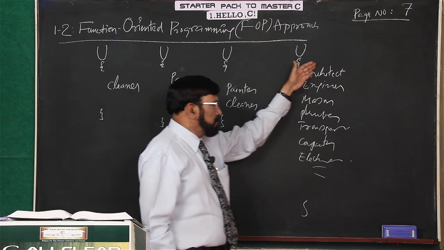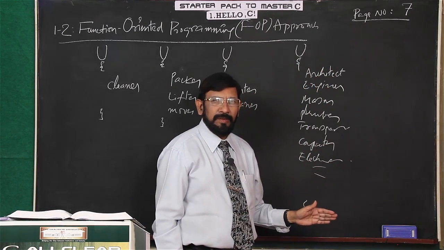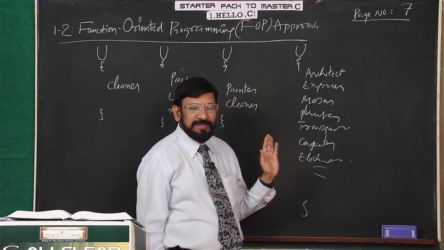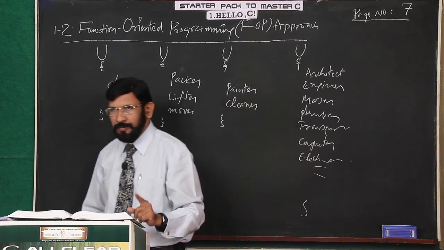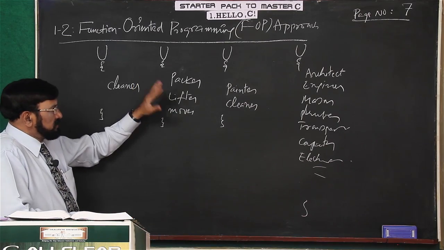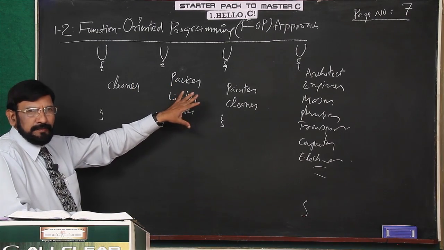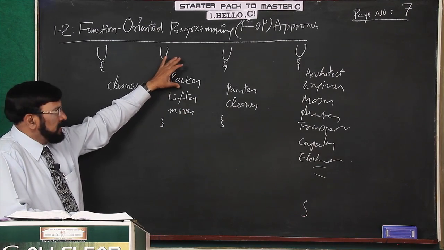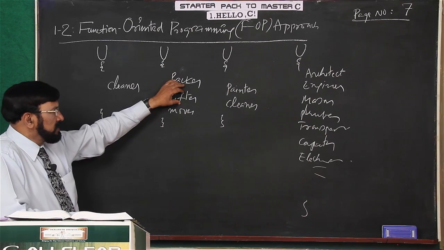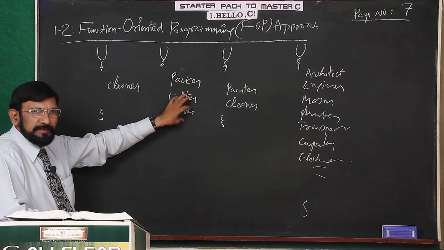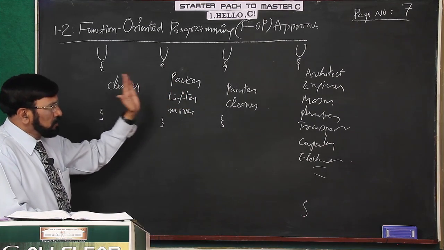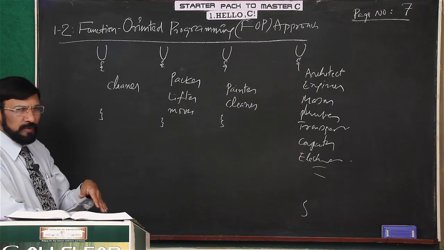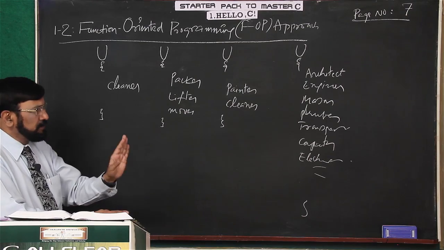By the collective contribution of all these specialists, your house got constructed. Understand? So this is the model. Here one thing you remember: one person or one set of persons may perform the job. But packing is a specialization, lifting is another specialization, moving is another specialization. So we have to think from that angle. Whether one person is doing it or a set of persons are doing it, collectively or separately, that is immaterial.